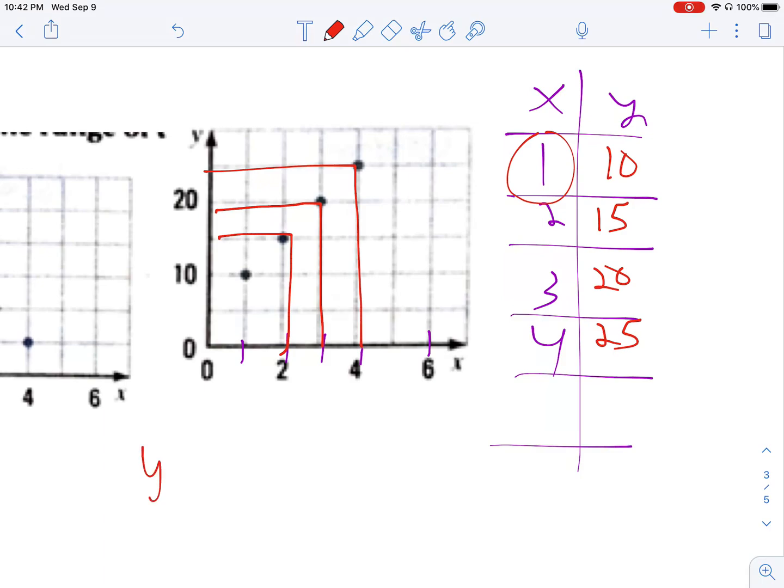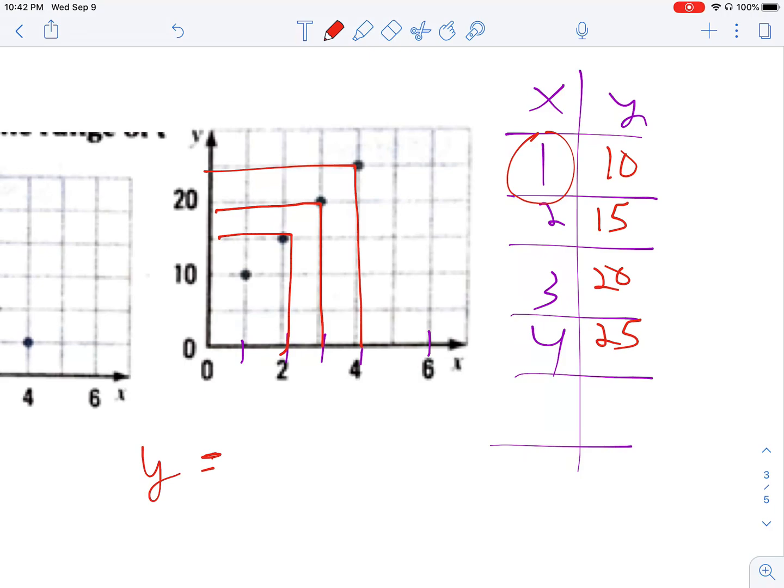So what if I multiply this value by 5 and then add 5? So 1 times 5 is 5, plus 5 is 10.